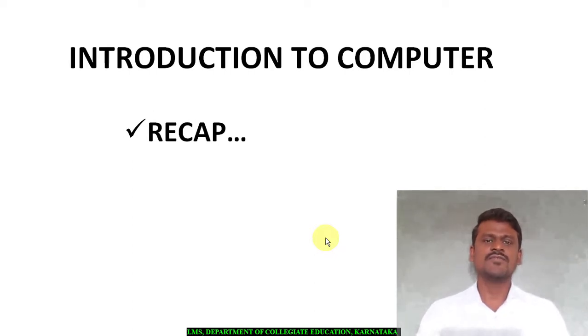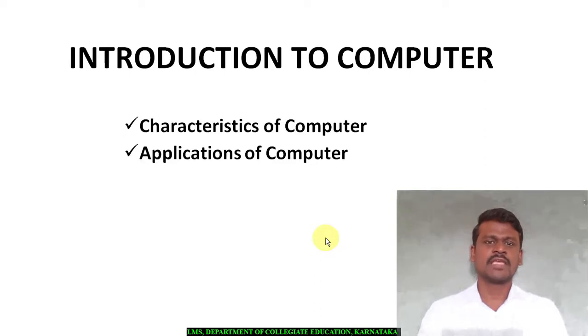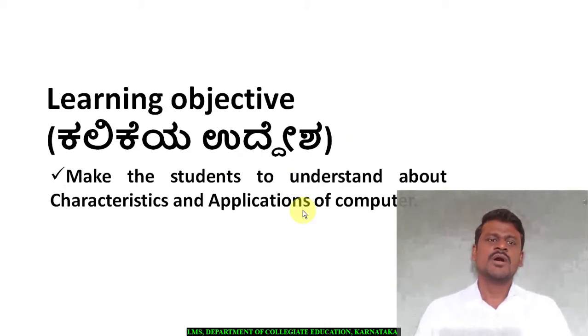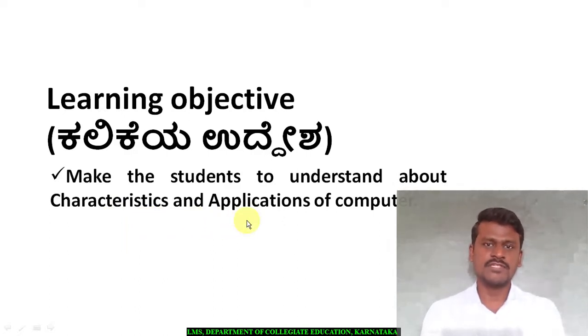In this class we are going to start with the characteristics of computers and applications of computers, right? The objective is to make you understand what special characteristics make the computer good, and the applications used in day-to-day life using the computer.